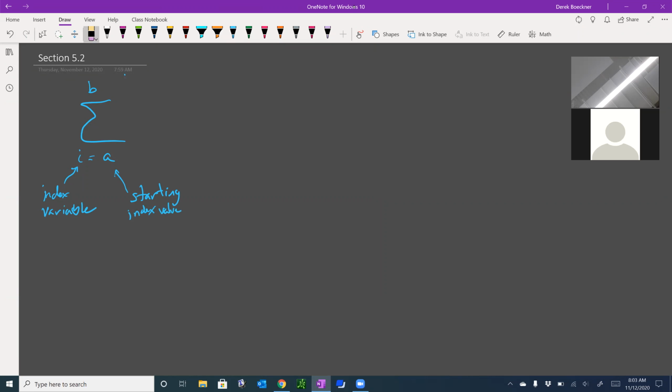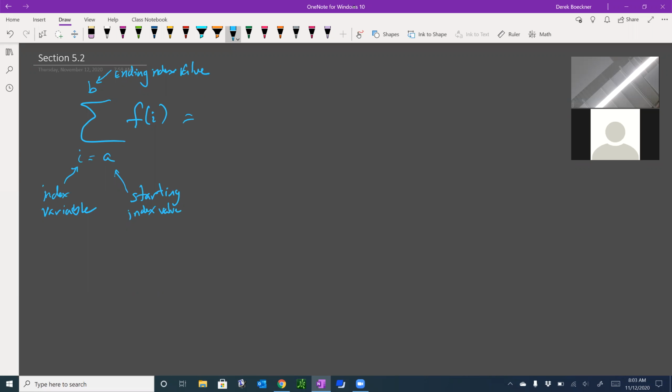Let's try that again. And in here is some function of the index value, right?